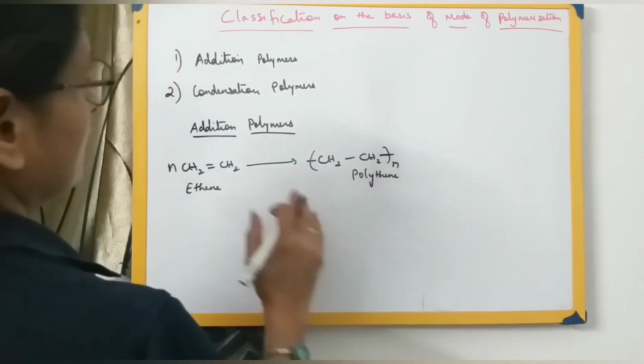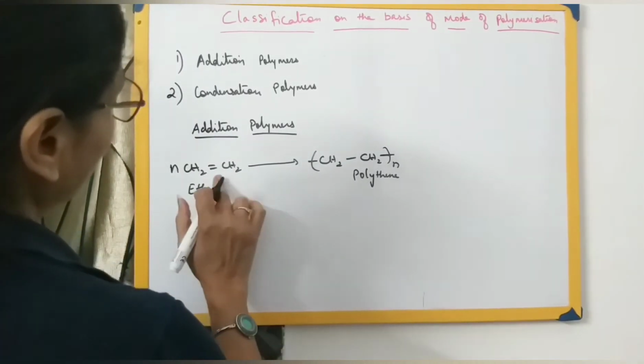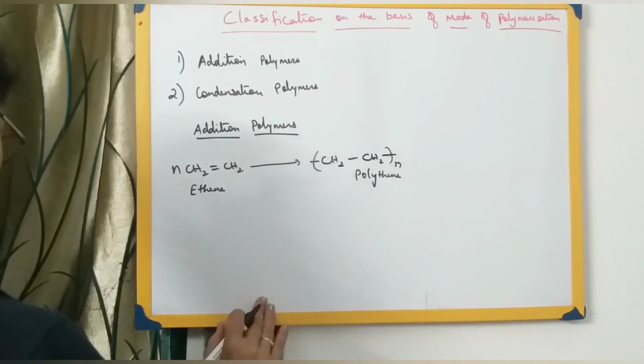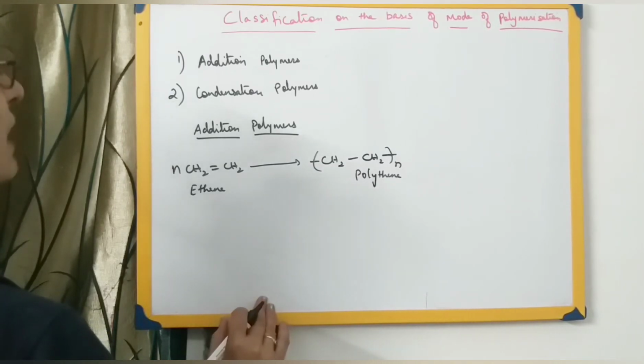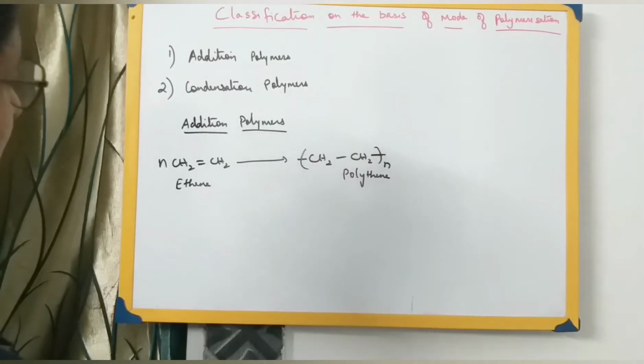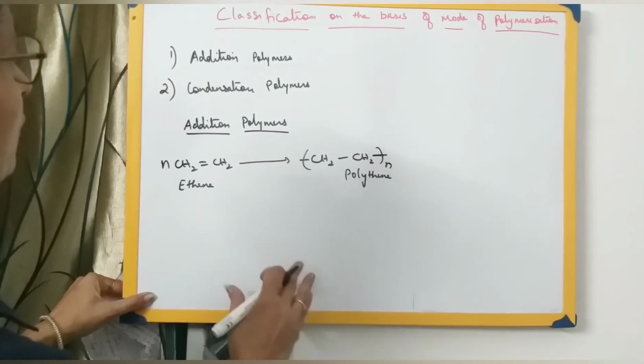Look here, in this particular case the monomer that we start with is an unsaturated compound. Usually in addition polymers, the monomer that we take will be an unsaturated compound, which will undergo the addition reaction. That means these monomer units will join up, leading to the formation of long chains.